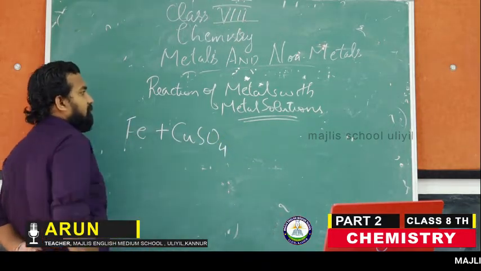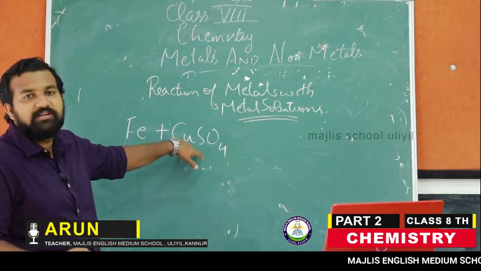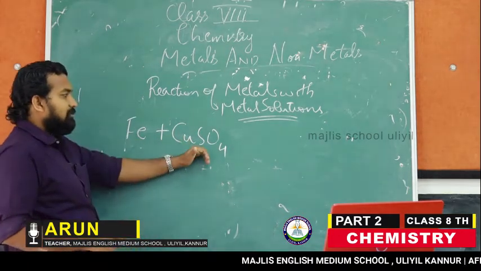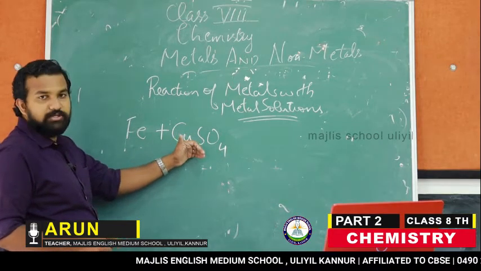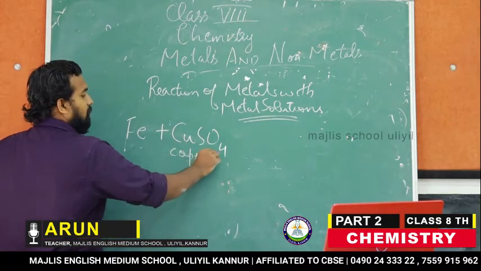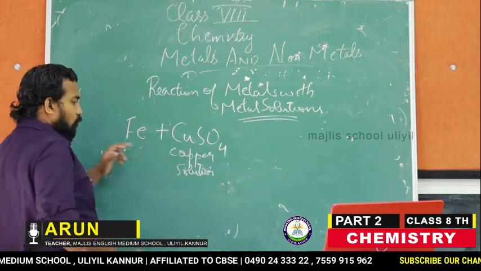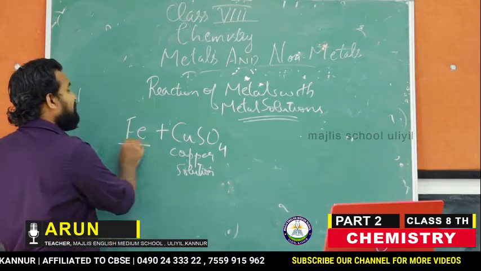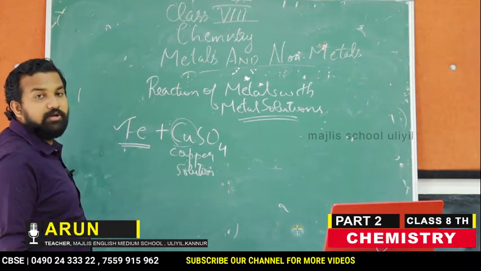Copper metal dissolved in sulfuric acid gives a copper sulfate solution. So copper is a metal. Here I will say this iron is stronger than copper.